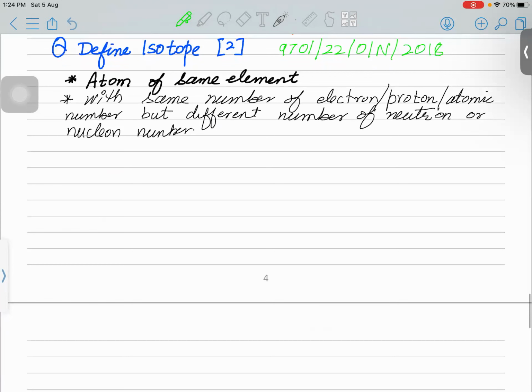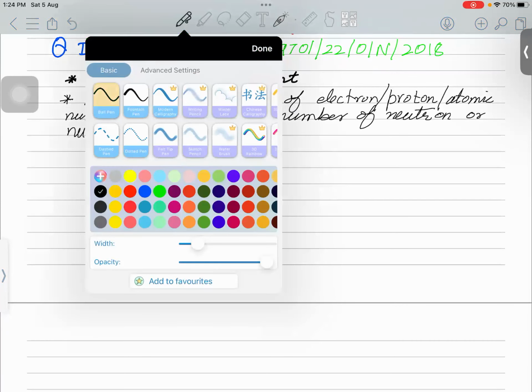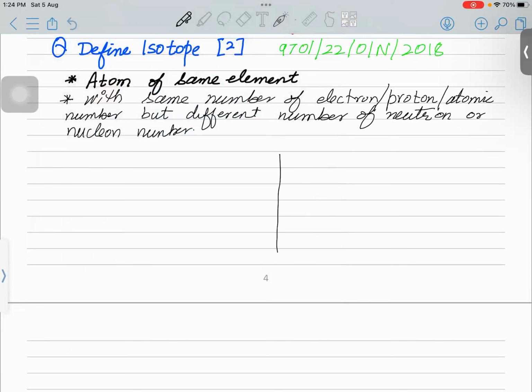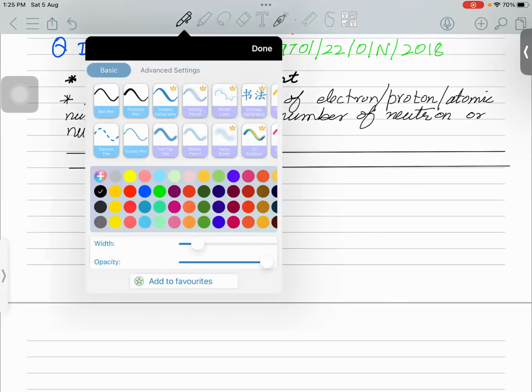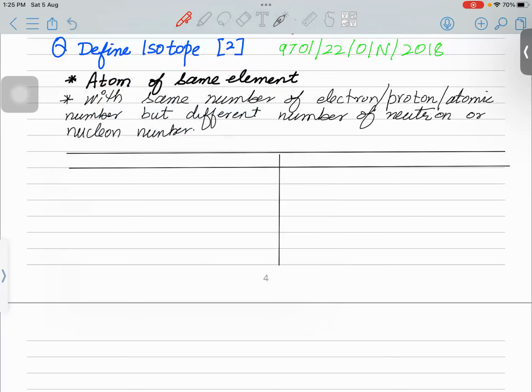Now, my next question is, what is the similarity and what is the difference between isotopes? Here similarity and here difference.